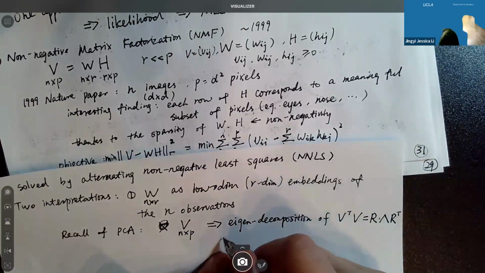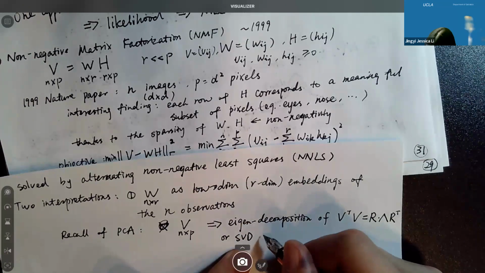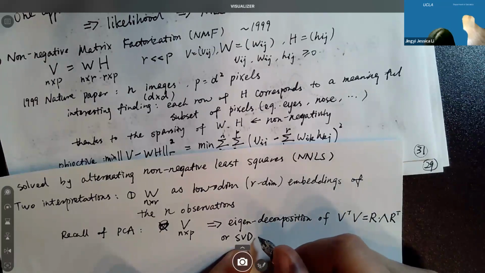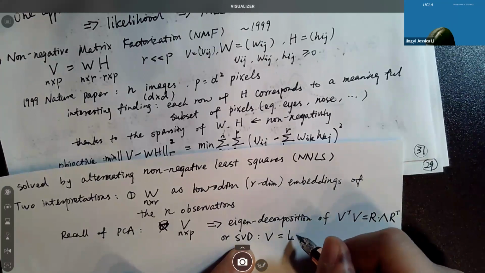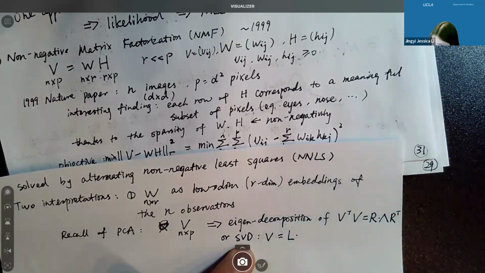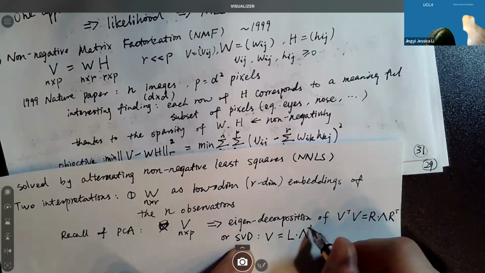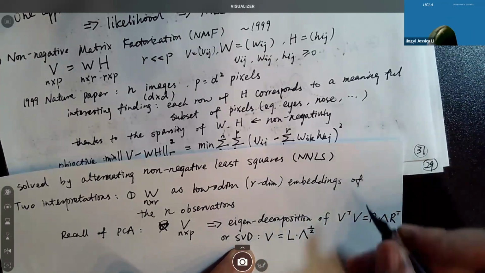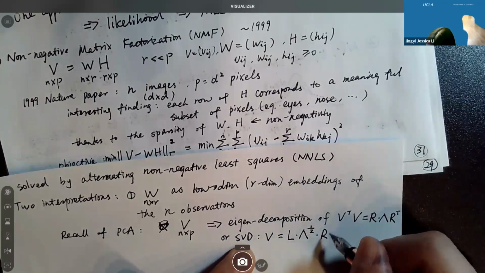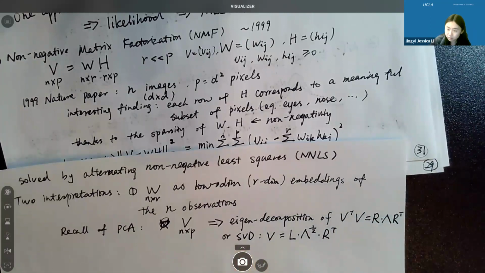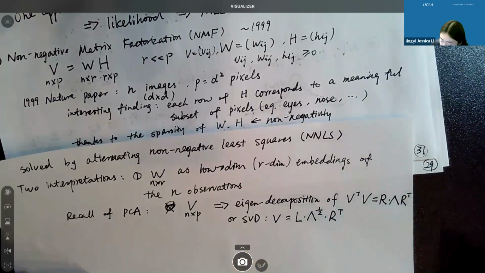Another way is to do the SVD on V directly. If we do the SVD on V directly, we will write V as L times also a diagonal matrix, which would just be the half power of that, the singular values instead of the eigenvalues, times R transpose. So either way, you can get the decomposition, and we will care about this R transpose.